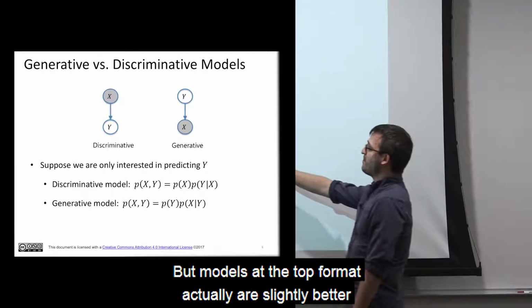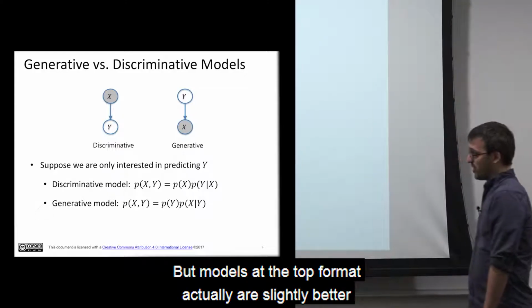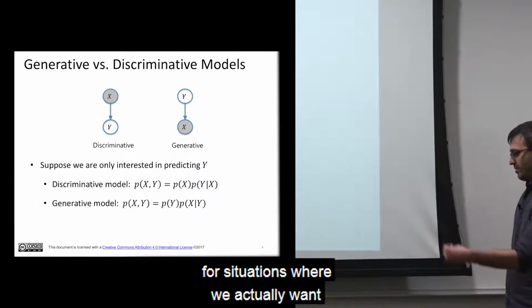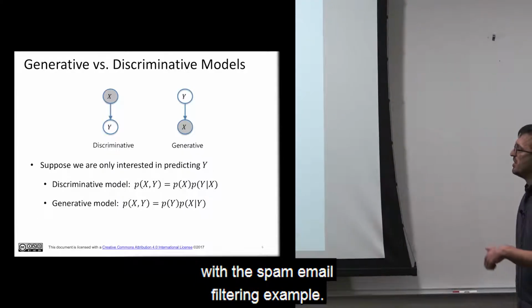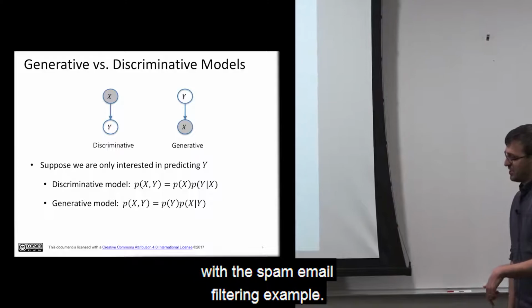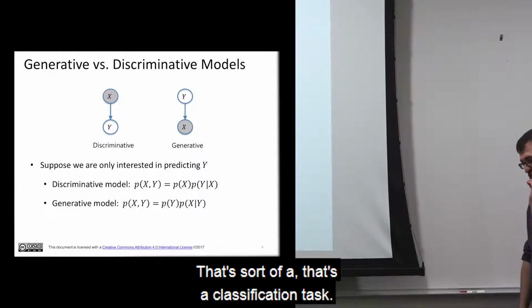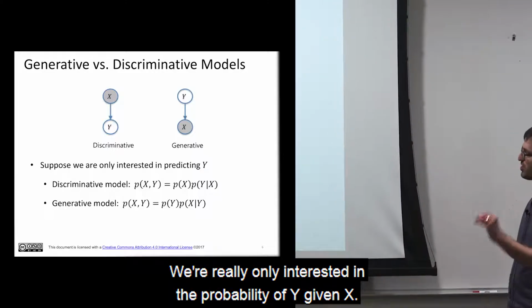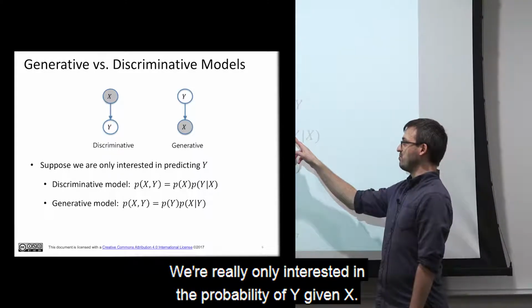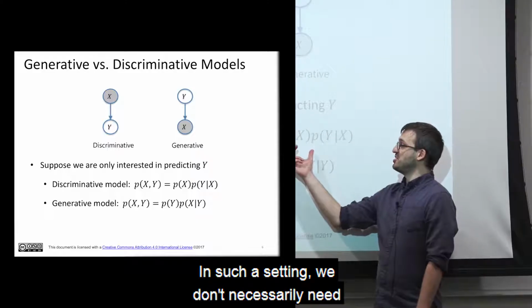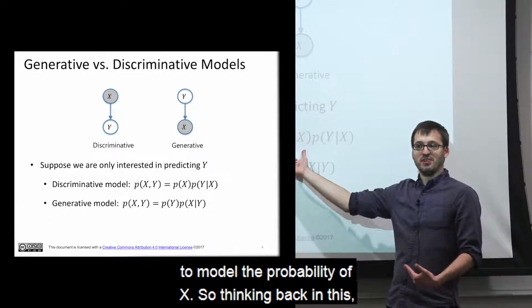But models of the top form are slightly better for situations where we want to solve a classification task, like the spam email filtering example. That's a classification task. We're really only interested in the probability of y given x. In such a setting, we don't necessarily need to model the probability of x.